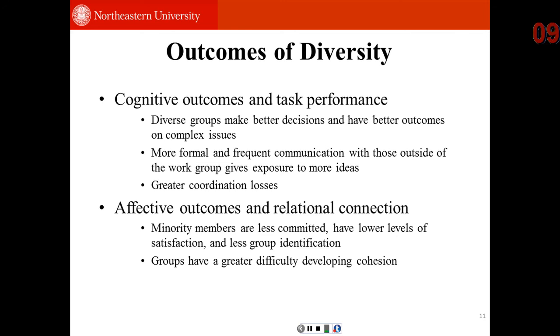Minority members are less committed, have lower levels of satisfaction and less group identification if there is no relational connection. That's interesting. Is it true? Is it not true? Do some groups have a greater difficulty developing cohesion if there isn't another person similar or relational in the group?